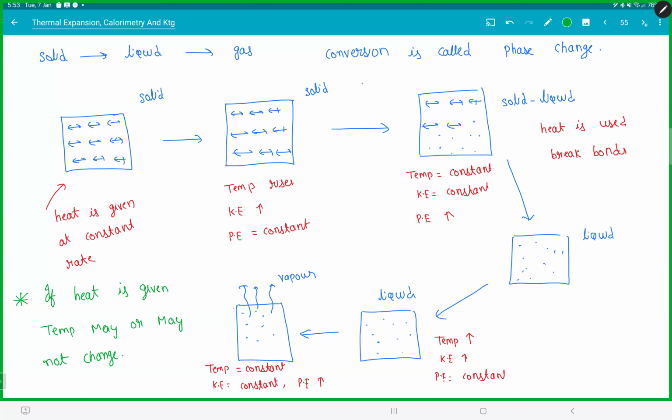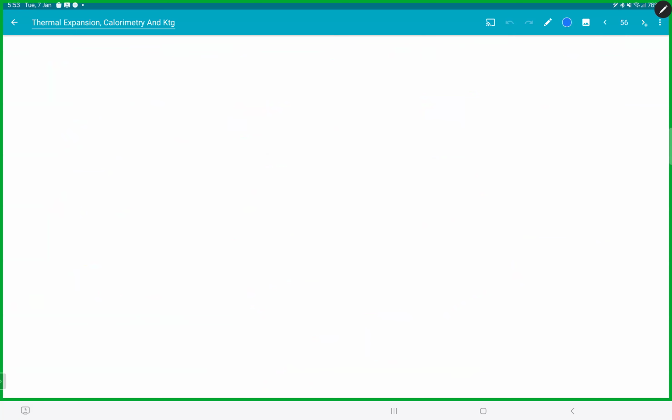Clear, everyone? Now, if I try to put this on a graph, turn the page. Is everyone clear with this page? So if I try to plot this on a graph, temperature versus time, this is what you'll notice.